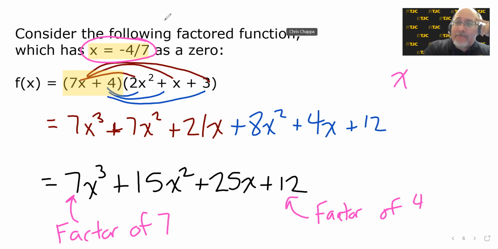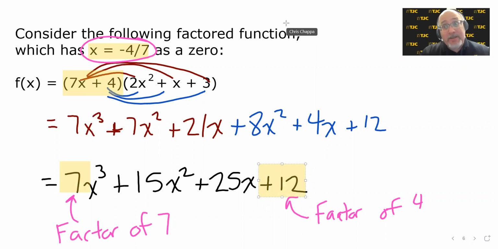So if we have a rational 0 like negative 4/7, and we know it came from a factor like 7x plus 4, then that 7 and that 4 are embedded in the original function at the front end and at the back end.